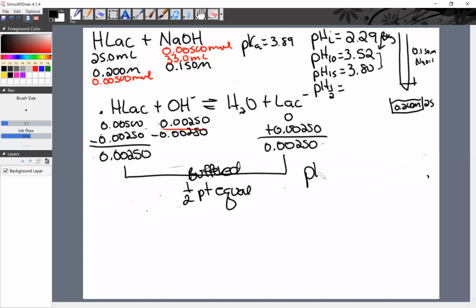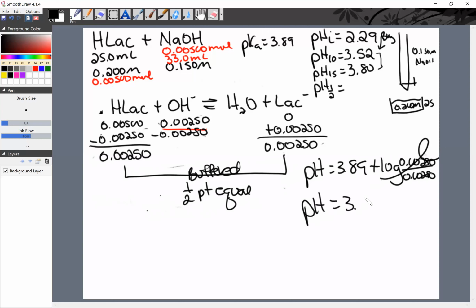So the pH is equal to 3.89 plus the log. The log of 1 goes away. So at the halfway point, the pH is always the pKa for weak acid and weak base titrations.